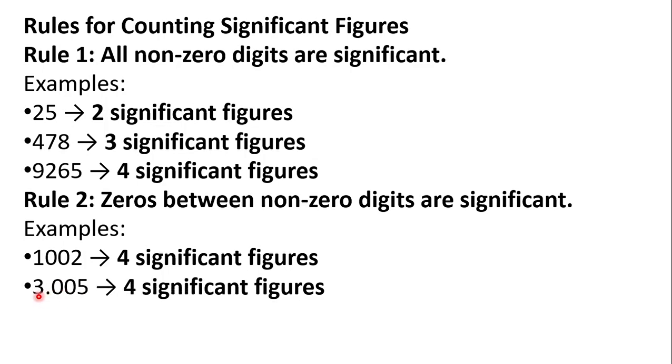Numbers such as 3.005 have two zeros between 3 and 5. Therefore, the number has four significant figures.